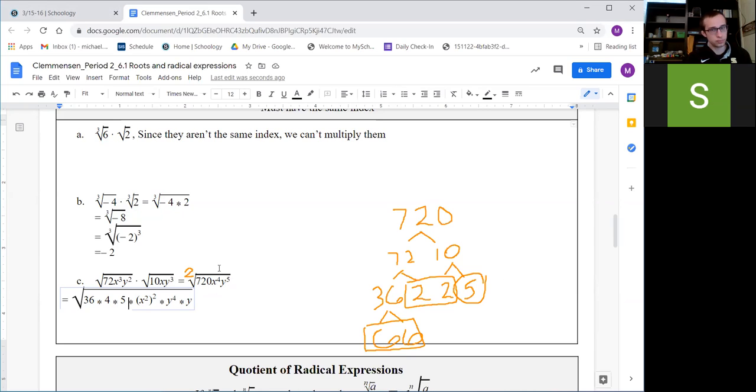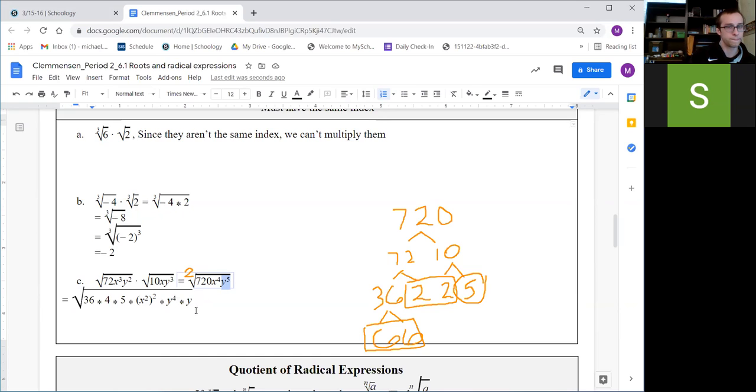So what I first do is I change that x to the 4th, just like we did before, into an x squared squared, right? Because now it's a power of 2 like we wanted. Then we change this y to the 5th into a y to the 4th times y. The reason I chose y to the 4th is because now this is an even power, and so it goes into a square. It's a nice even power, that y left over.